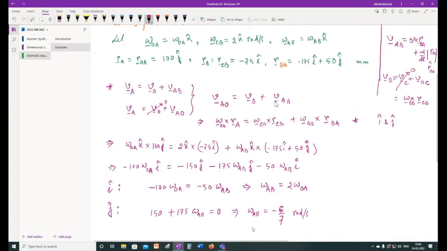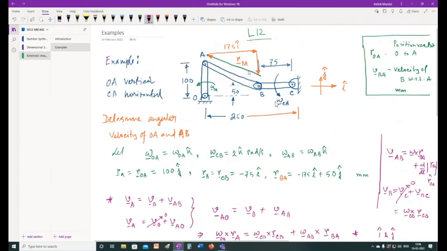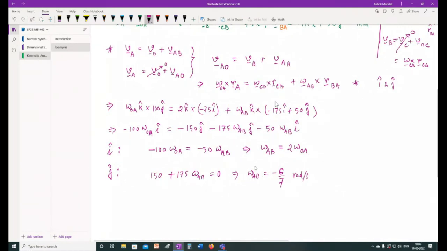Now you see one thing. This is minus 6 by 7 radian per second. We assumed omega AB is positive, that this coupler is rotating in the anti-clockwise direction, whereas when we find the value of omega AB, it is negative. That means in the actual case the coupler is rotating with 6 by 7 radian per second in the clockwise direction. Is it clear to you?